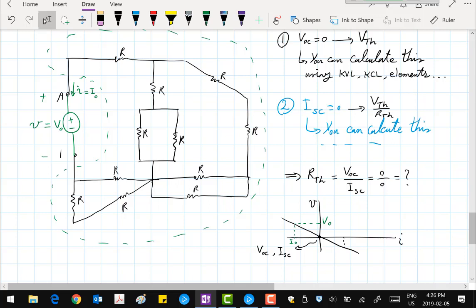Because look, if I want to calculate the slope of this curve to get the resistance, well, if V naught is a positive value, is I naught supposed to be positive or negative? Right? The way I've defined it, it will be negative. If you define it the other way, then it's as if you have reversed the convention for this I axis.